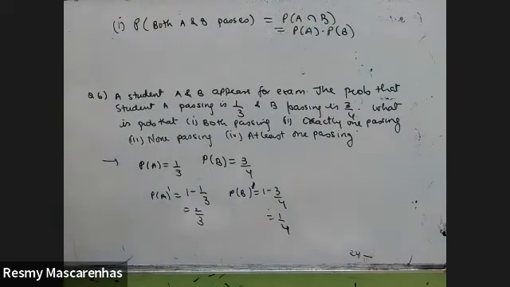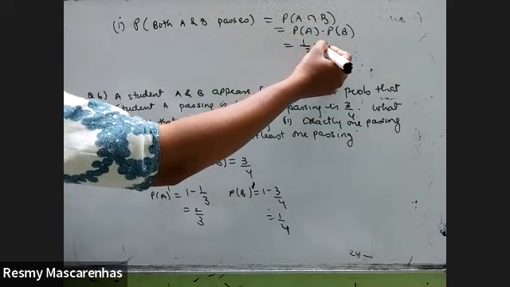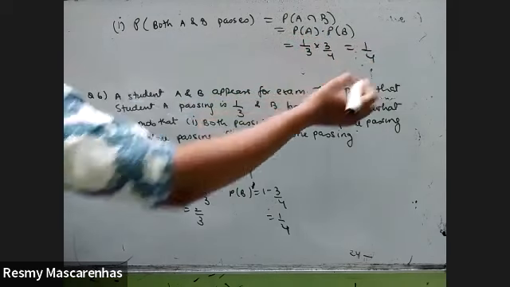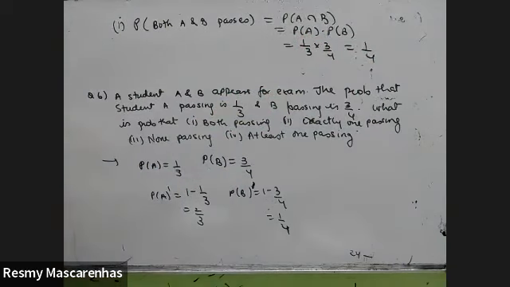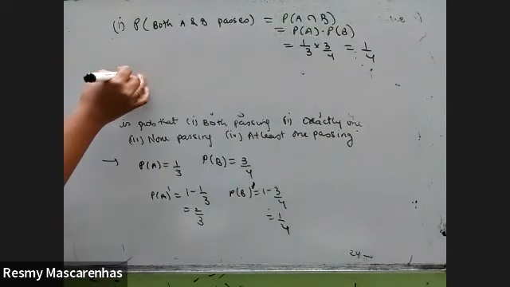Okay, A and B means A intersection B. So straight away A into B. 1 by 3 into 3 by 4. 1 by 4 will be the answer. Second part says exactly one passes.